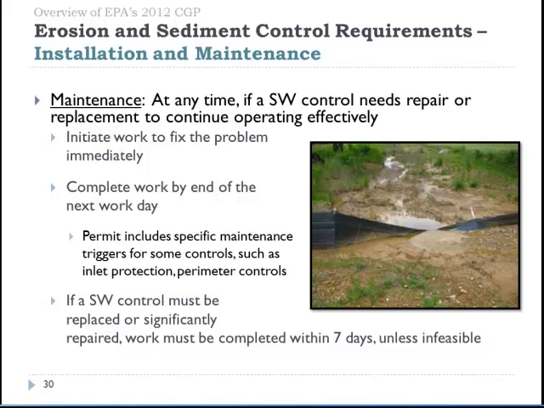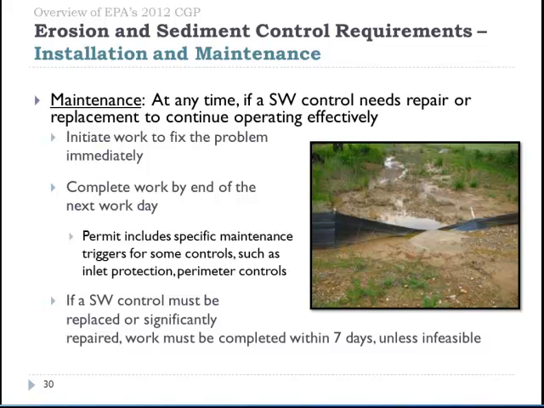To ensure that your controls remain effective throughout your period of permit coverage, the permit requires that stormwater controls be maintained. So if at any time you discover through an inspection or otherwise that a stormwater control needs to be repaired or replaced, you're required to immediately start work to fix the problem if it's something that can be easily fixed, such as the picture you see here, the silt fence has been blown down.